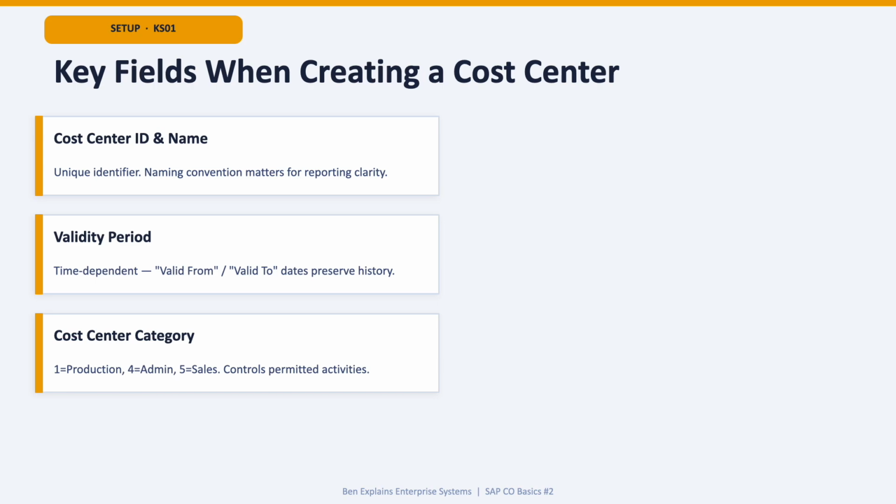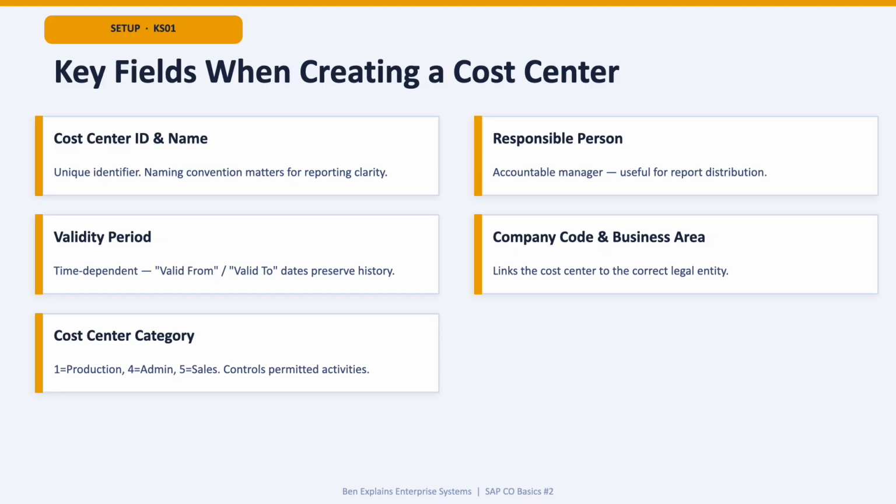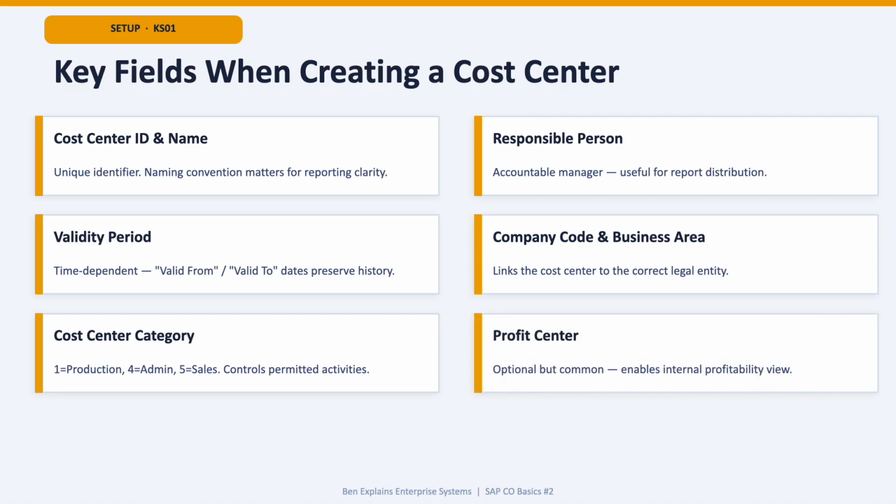Then, you also need to assign a company code to this cost center and maybe a business area if your organization uses them. And finally, the profit center assignment. Even though a cost center doesn't generate revenue, it's still linked to a profit center for reporting purposes. Those fields might seem like admin details, but getting them right from the very beginning is critical, especially in large implementations where you might have hundreds or even thousands of cost centers.